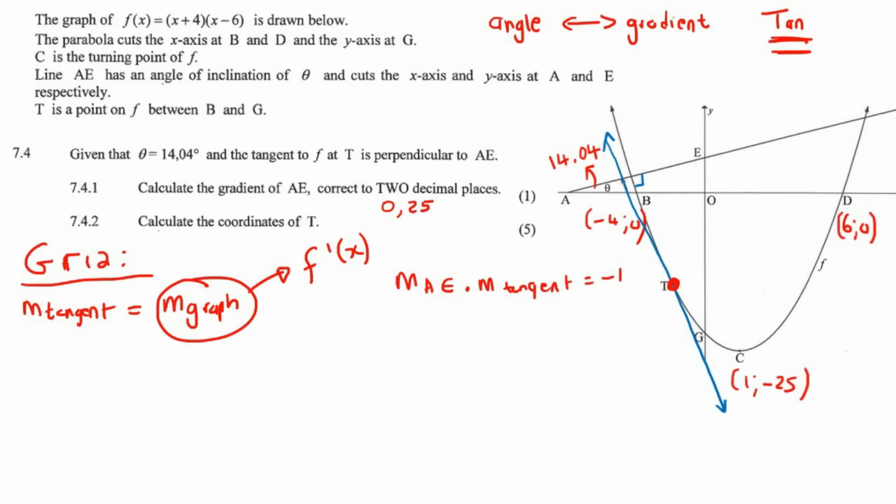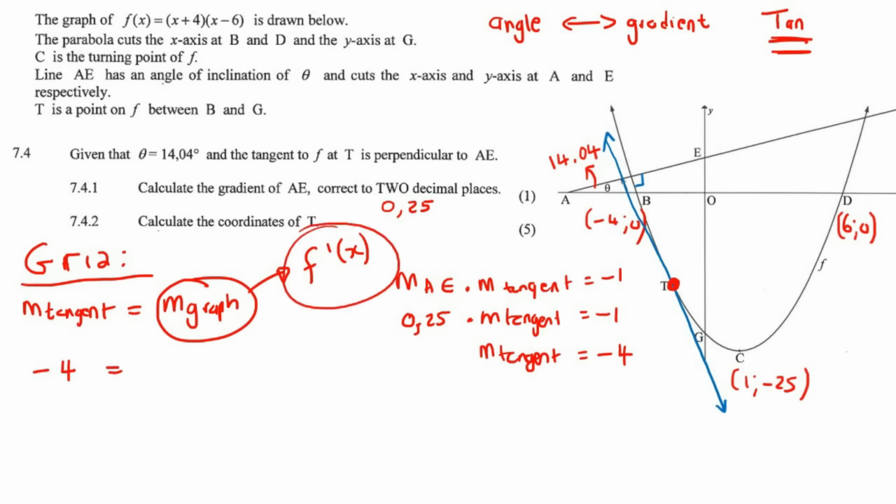The gradient of AE is 0.25, and the gradient of the tangent is the one we're trying to calculate quickly. If you work out the gradient of the tangent here, you would get -4. Okay, so we have the gradient of the tangent, which is fantastic. So we can say -4 over there.